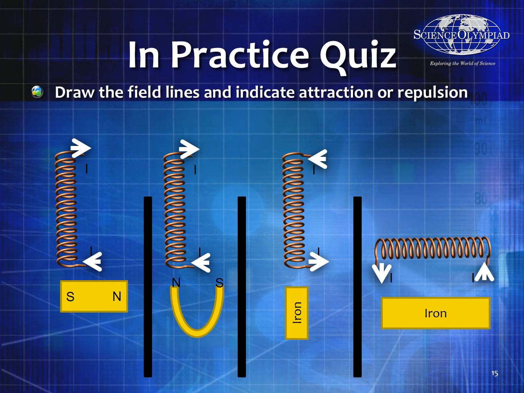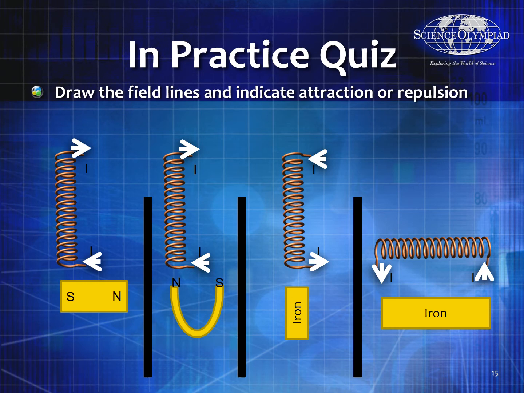I want you to use your right hand, follow the current with your fingers, and whichever way your thumb is pointing is the North Pole. So in the far left case, the North Pole ends up out the top. The bottom is the South Pole, so the magnet below is repulsed because South Pole and South Pole repel each other.